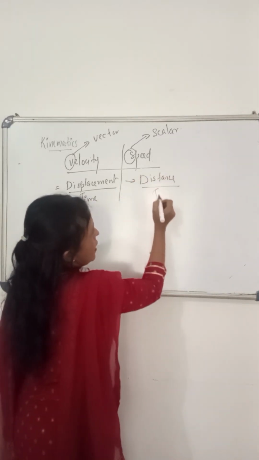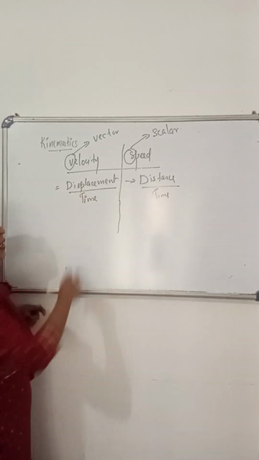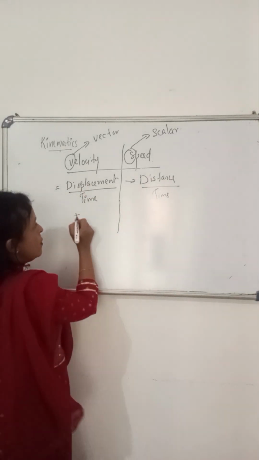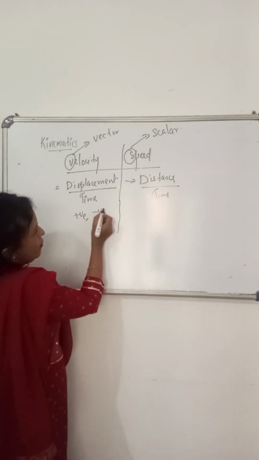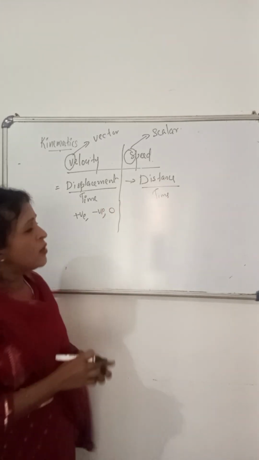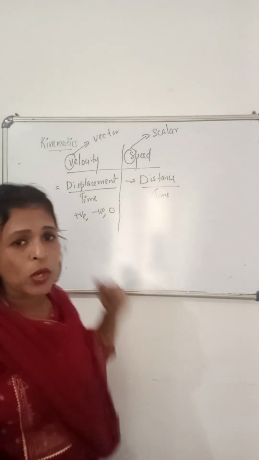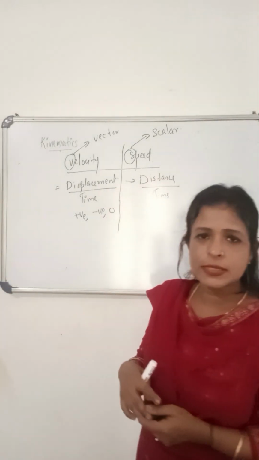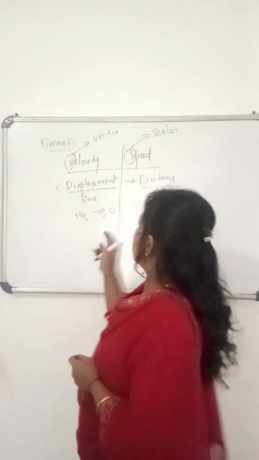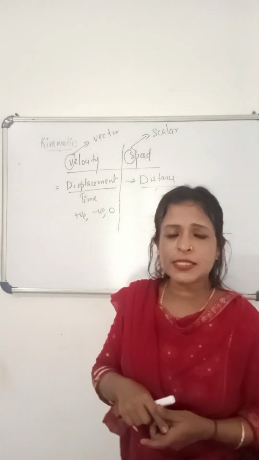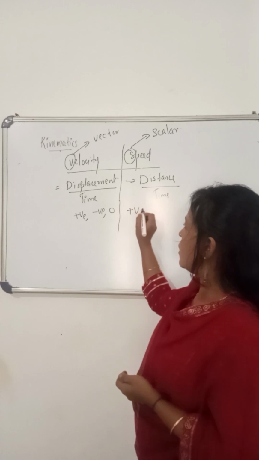We know that the displacement can be positive, negative, or 0. Like that, the velocity can be positive, negative or 0. Then, speed has positive values only.